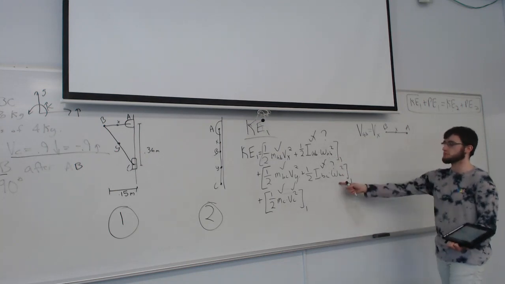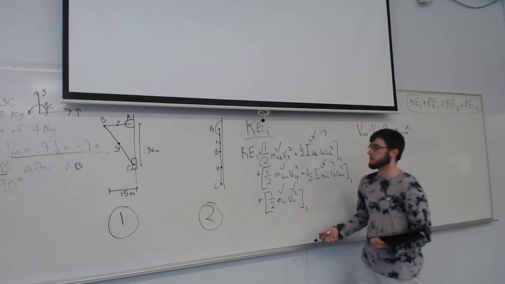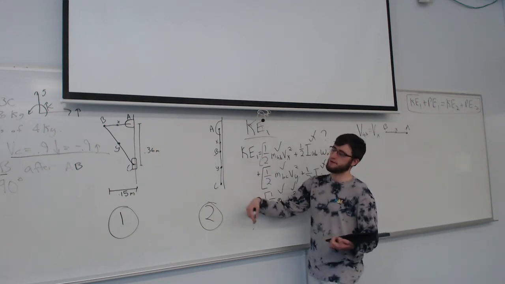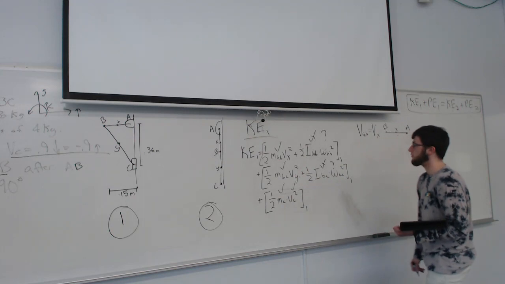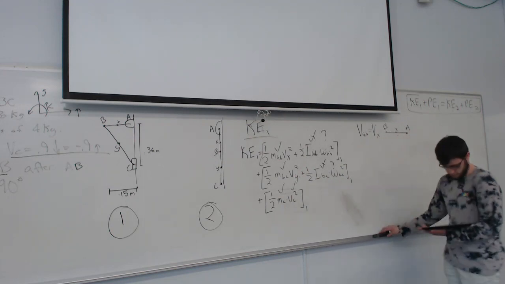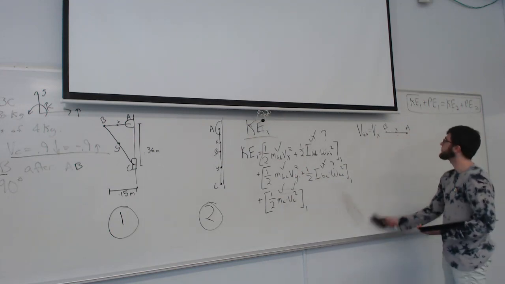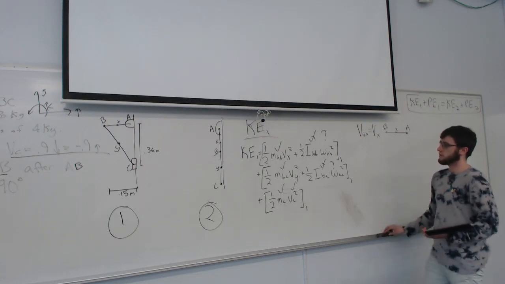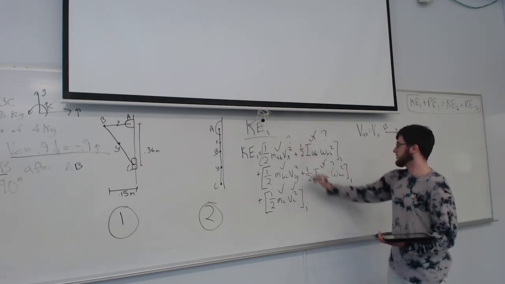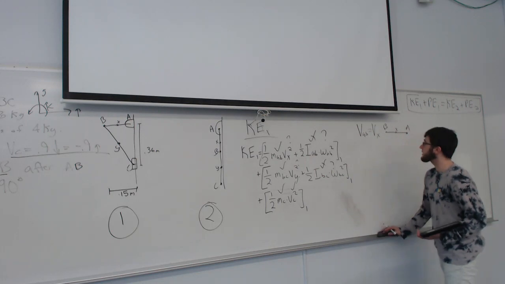You can answer that, so does BC. And then velocity of C, that is okay too because it's not rotating, it's constrained in a little pole thing. So, don't know that, don't know that. There's a lot we don't know here.